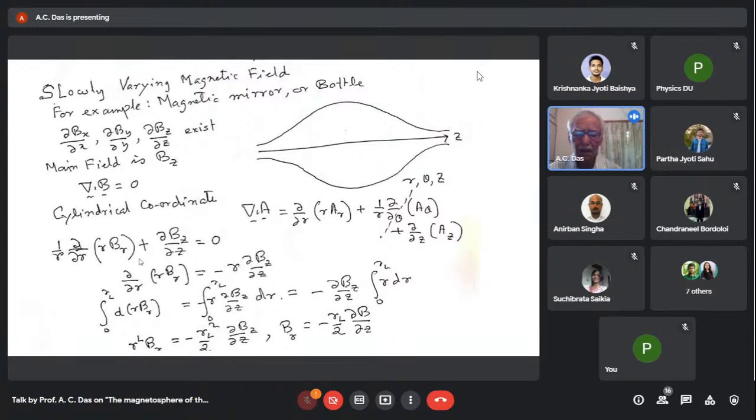So the B_r comes as minus R_L by 2 dB_z/dz.